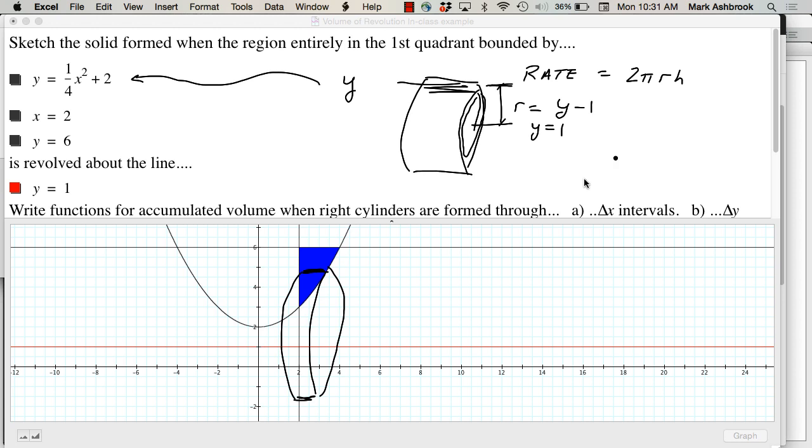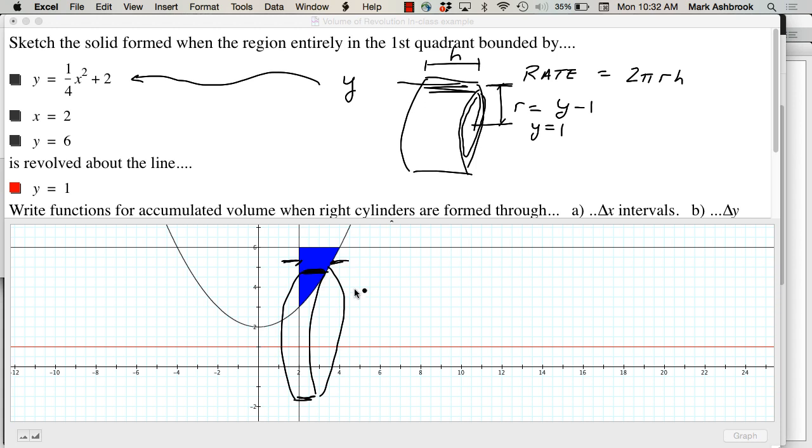The height. What's the height? The height is this dimension. It's a change in x, right? It's this change in x from here to here. This is the height of this current cylinder.